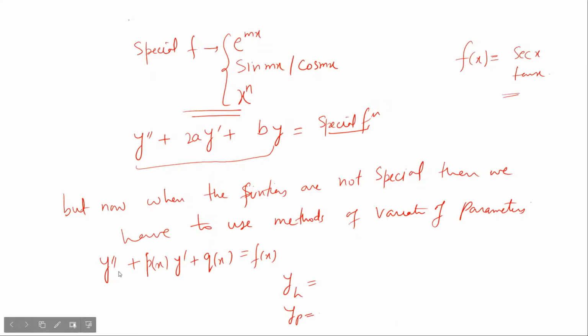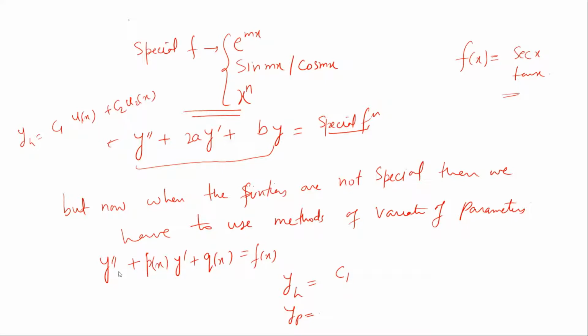The homogeneous solution is y h equals c1 u1 of x plus c2 u2 of x.